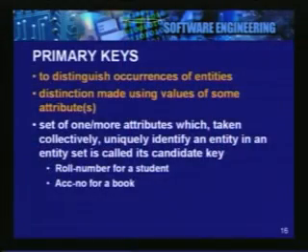Therefore, libraries give an accession number to every book, and every book in the library has a different accession number. Similarly, every student has a unique roll number, using which we can clearly identify the student we are talking about. So, these could be the candidate keys.